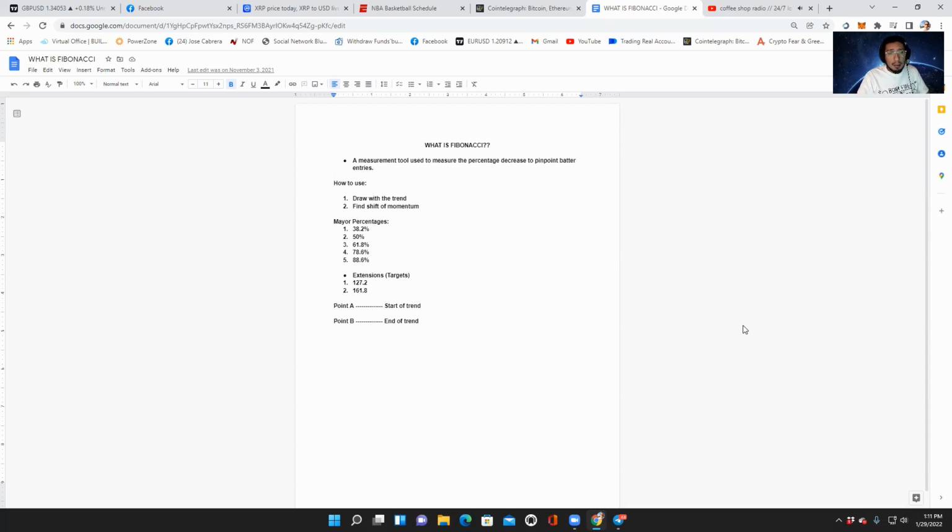So again, the Fibonacci will give you better entries. It will help you out as far as knowing if the trend is going to keep going, if you can take an entry right off of one of the Fibonacci levels, and it'll give you better entries, so you won't have that much drawdown. Drawdown is basically when you're in red, when you're in negative in a trade.